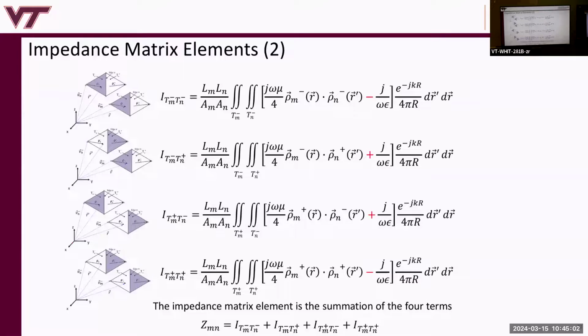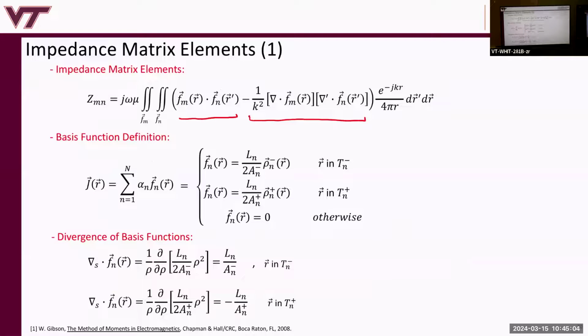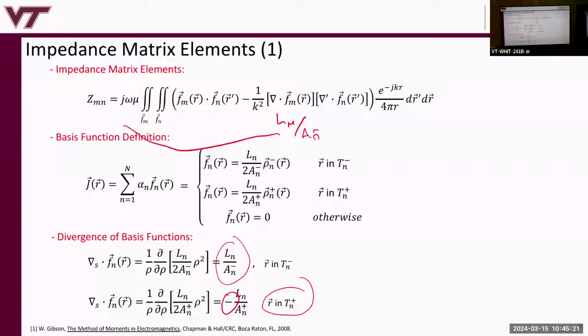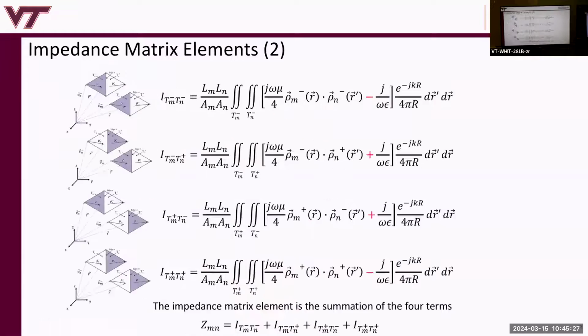Okay, good. So plug in these divergences there, and we get the following expressions. So if you look here, the divergence of f_m becomes l_m over A_m minus if you're in the minus triangle. If you're in the plus triangle, then you have a minus sign, all right? So these are constants, they will come out of the integral. So all you'll have left is 1 over k squared multiplied by j omega mu, and that becomes j over omega epsilon.